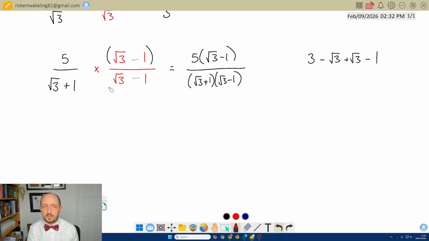And the whole difference of two squares thing, one bracket being plus and one being minus, is that the two middle terms always disappear. When we apply that to the square roots, root 3 minus root 3 is 0. So this whole thing becomes 3 minus 1, 2, like that. So that whole denominator, that nasty thing there, all simplifies down to 2, and the numerator becomes this.